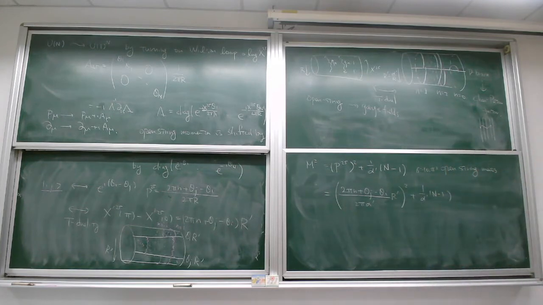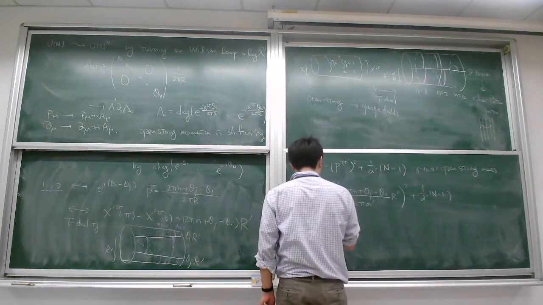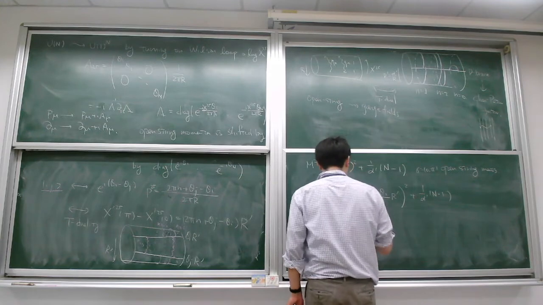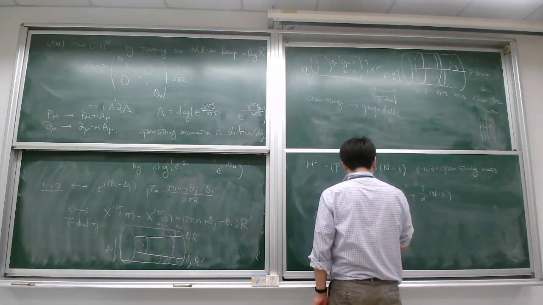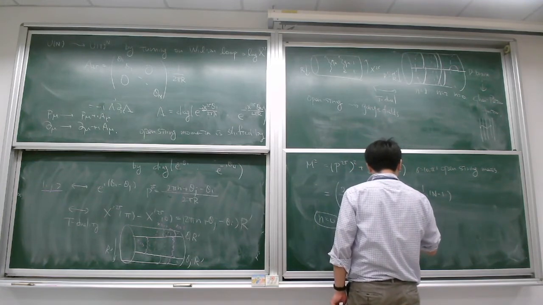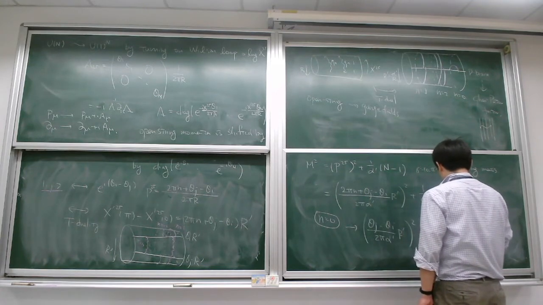And as you can easily see, to get the minimum mass you have to set n equal to 0. Looking at n equal to 0, this becomes (theta_j minus theta_i) over 2 pi, times R, over alpha prime, squared, plus the excitation modes.